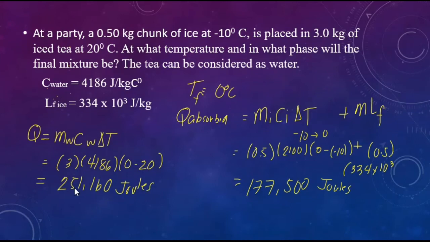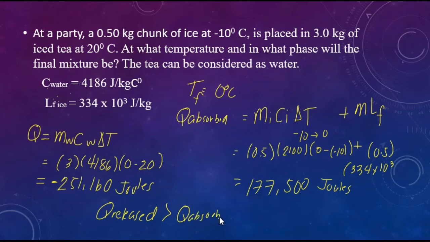And then, you analyze. This one is Q release, that's negative. The amount of heat released is 251,160 joules. Then the amount of heat absorbed is 177,500 joules. So you can see here that the Q released is still greater than the Q absorbed.